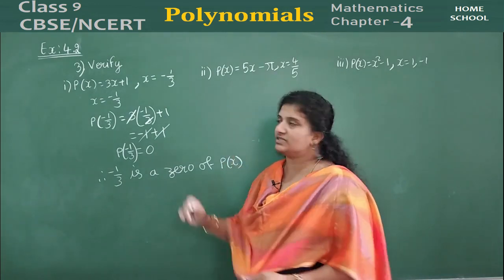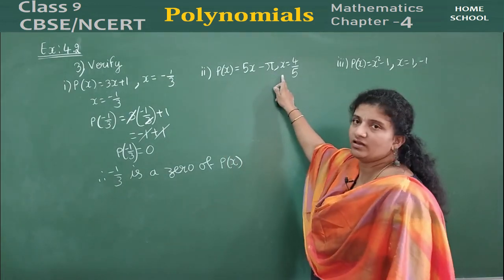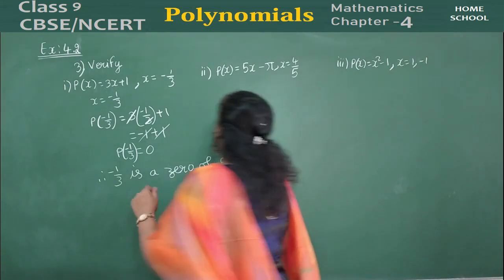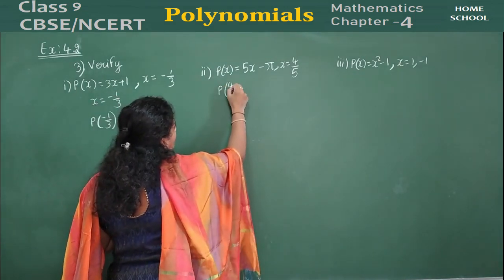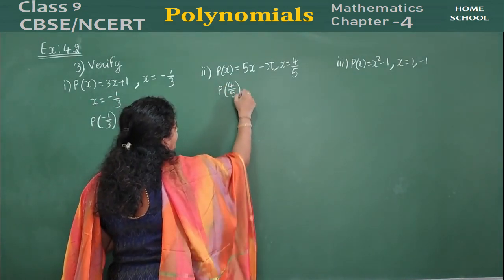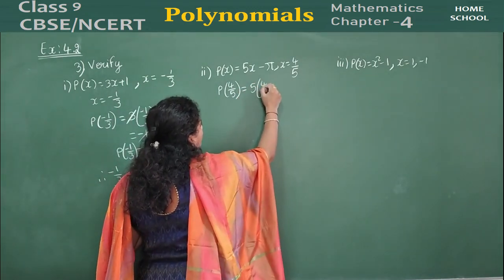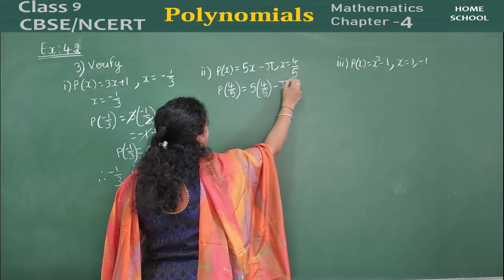Second sub question, what is that? P of x is equal to 5x minus pi, where x is equal to 4 by 5 is your question. So let's substitute 4 by 5 in x's place. P of 4 by 5 is equal to 5 into 4 by 5, in brackets, minus pi.